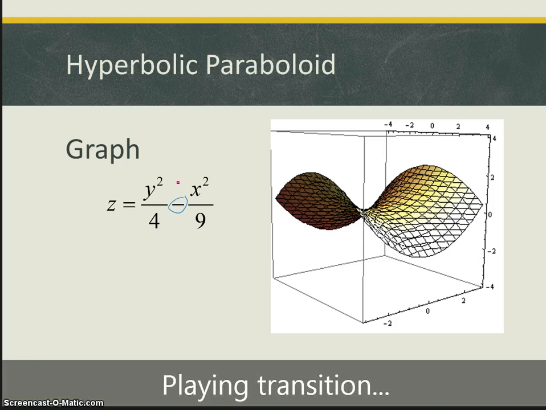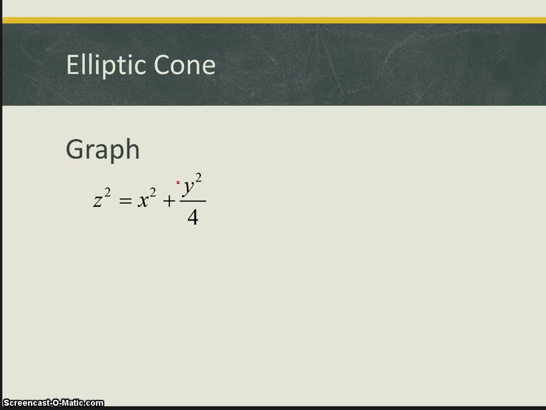Moving on to our next surface, the elliptic cone. I can recognize this as an elliptic cone because I have one of my variables squared equal to the sum of the squares of my other two variables.